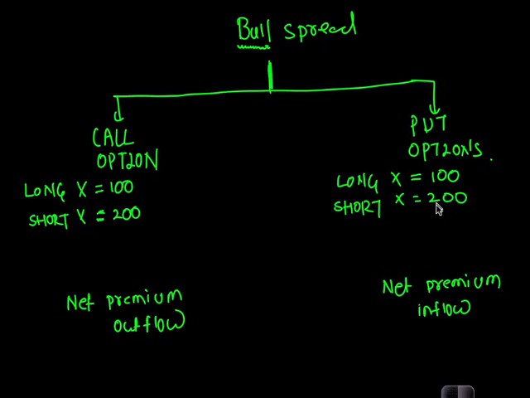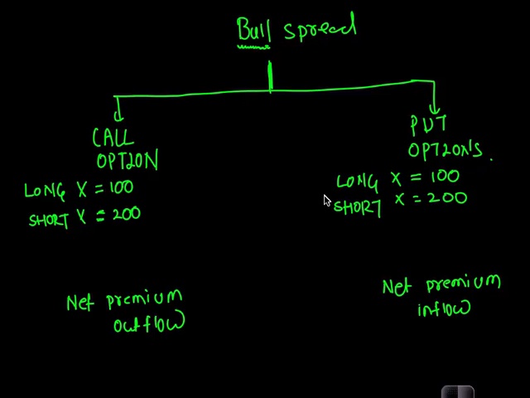We will sell put option with a strike price of 200 so that we will receive more premium, and we will buy put option with a strike price of 100 so that we will have to pay lesser premium. So we will have a net premium inflow. Are you fine with this?